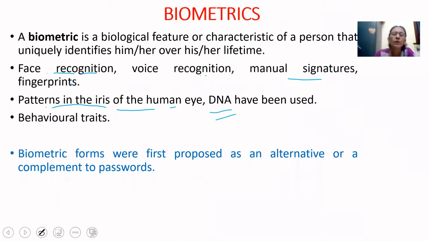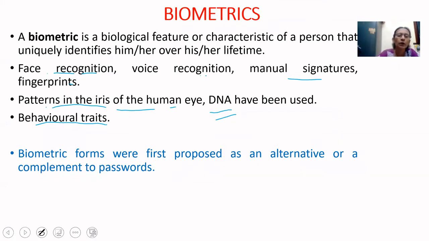Also, some people are using behavioral traits. What we mean by behavioral traits is maybe the way our hand moves when we are writing, the keystrokes. That is one behavioral trait that is used. Next is the gait, or the way a person walks. So all these are also being used as biometrics.